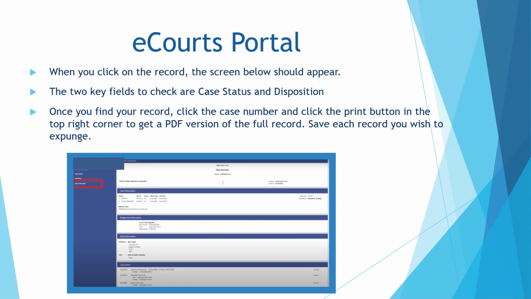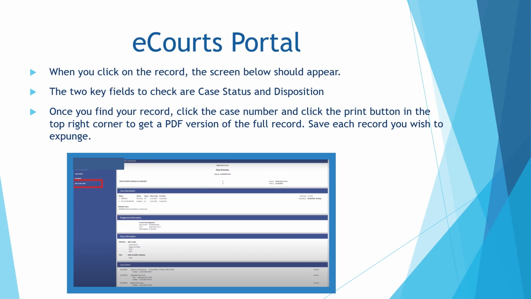So those are just two things I'm pointing out right now and where to find them. When you get to the next video about how to fill out your petition, we will go through that in more detail. But for right now, this is what your record looks like. Now, what I would do is there's going to be a little button in the top right-hand corner. You can't see it on this screen, but you should see it on yours, to get a PDF copy. I would just go ahead and do that.